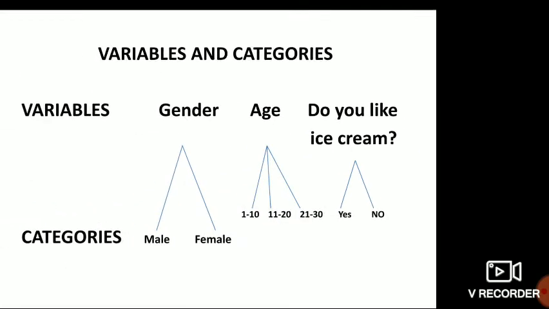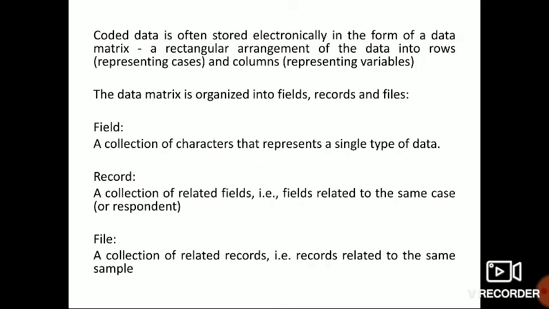Okay. After coding is over, the coded data will be put in a data matrix. We know what a matrix is: it has rows and columns.